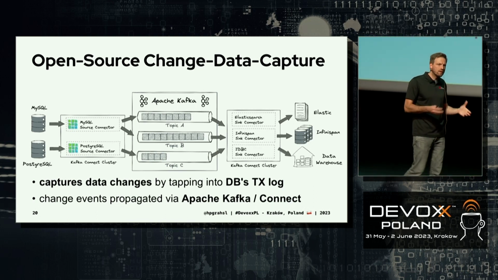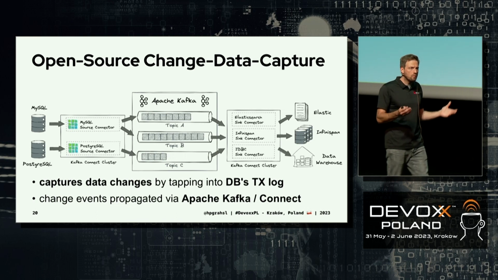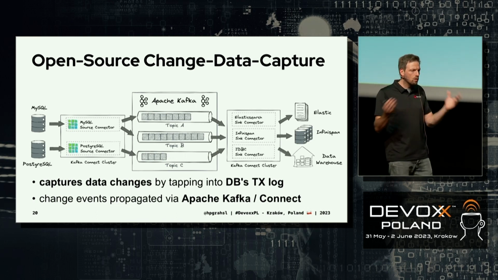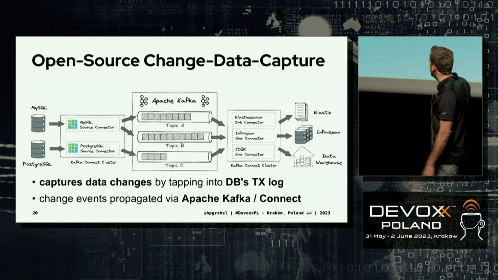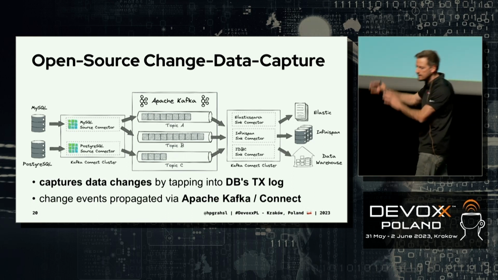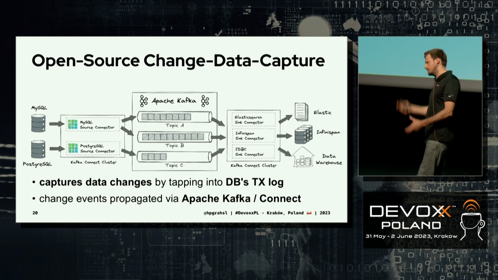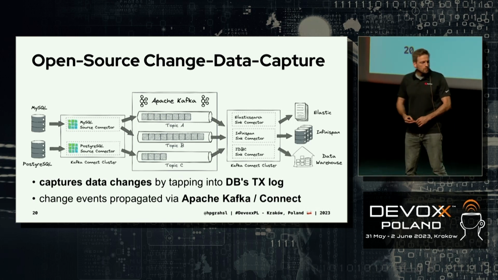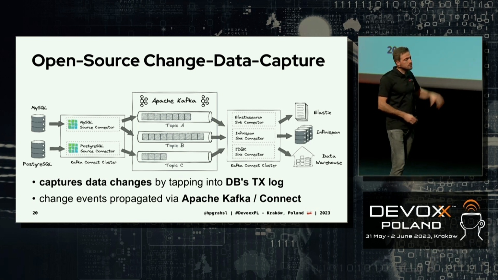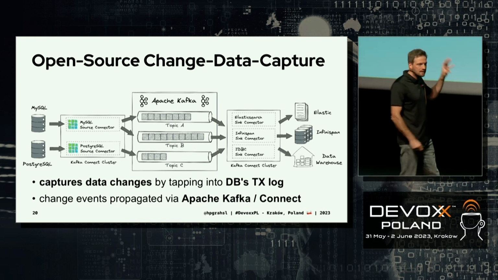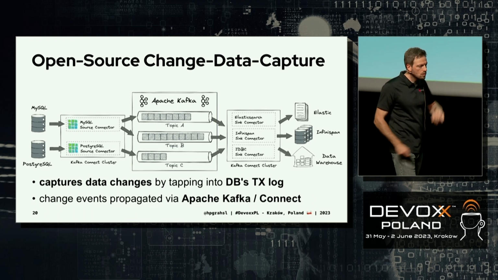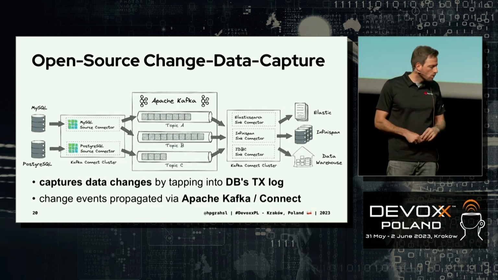And once they are in Kafka, we can do whatever we want. We can access that data with all the means that we have available in order to interact with Kafka. Very often at the other end of that streaming data pipeline, if you want, we use different types of so-called sink connectors that allow us to send data from those topics into a target data store of our choice.